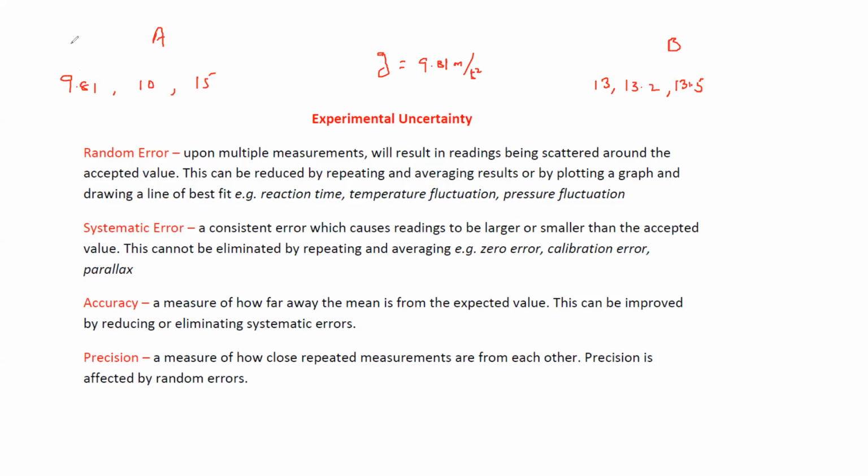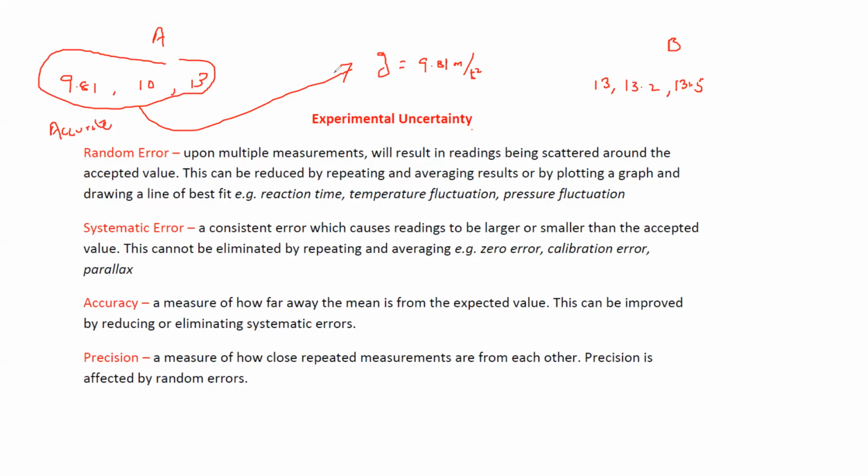So the question is, which student is accurate? When you check the accuracy, you have to check the mean. When we take the mean of 9.81, 10 and 13, that average will come closer to 9.8, so it means student A is accurate.